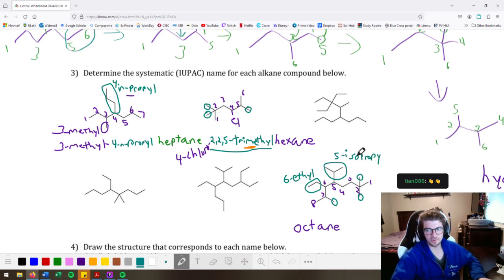And for this, you can put I-propyl, or you can just use isopropyl. Either of those would be perfectly fine. It's referring to the same thing. And we've got 2,2,7-trimethyl.